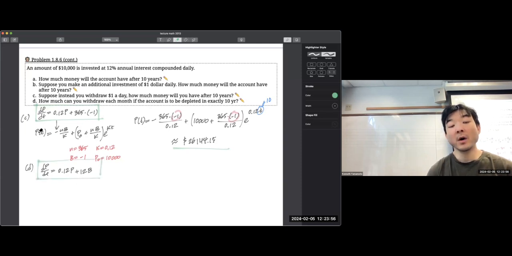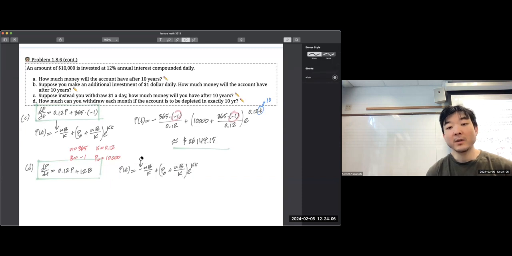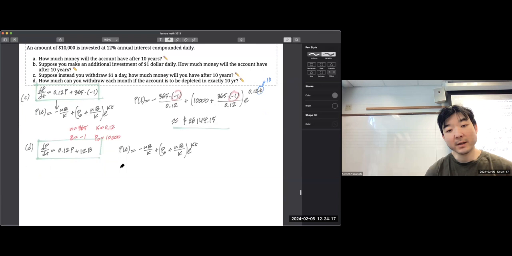But we already know that the solution is of this form right here. So I'll just copy and paste this, and we fill in all the relevant information. In this case, the B is going to stay.